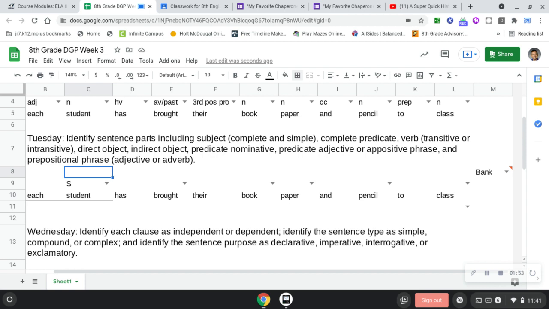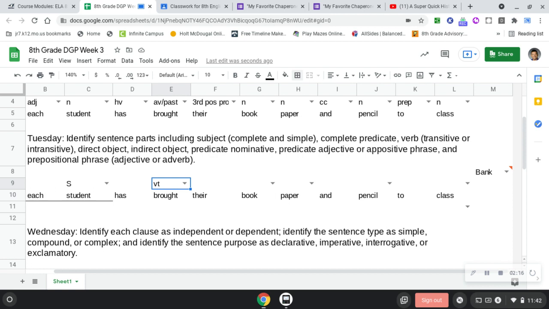Okay. All right. So once we have the complete subject, now we find the verb. It is brought. Is it VI or VT? VT. What does VT mean? It means it's a transitive verb.